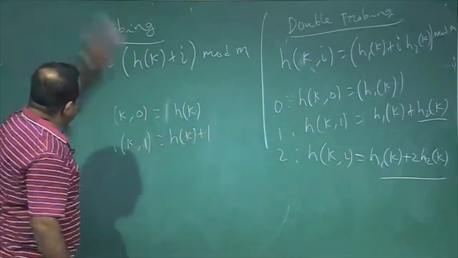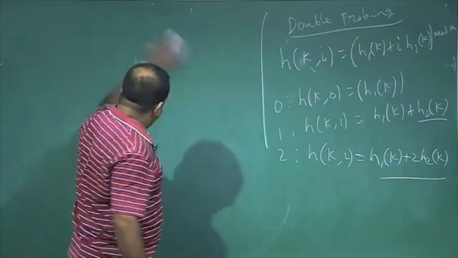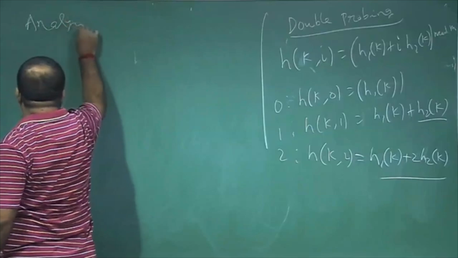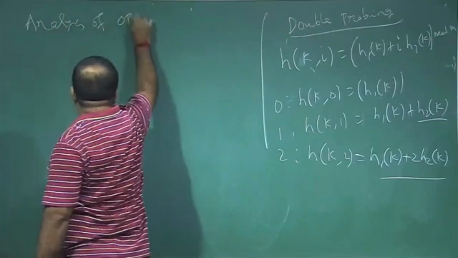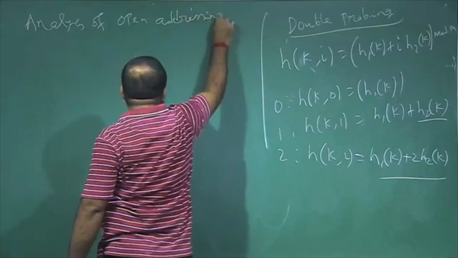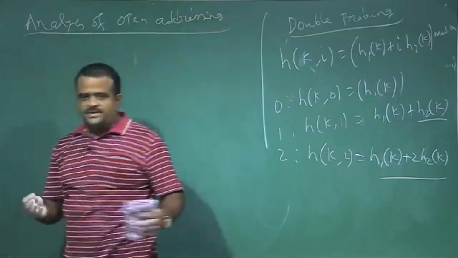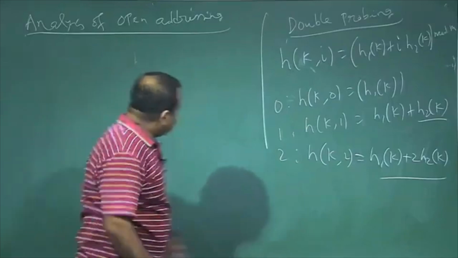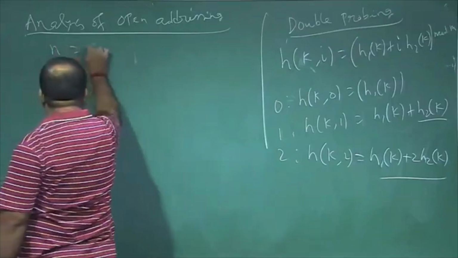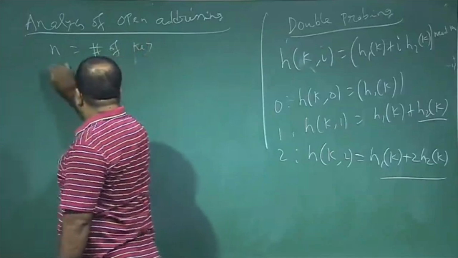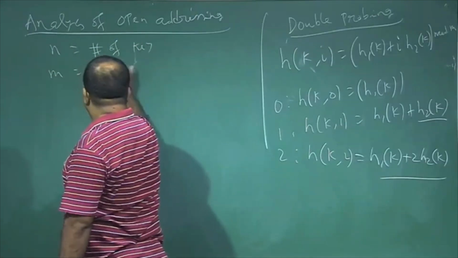So let us quickly analyze this open addressing. If we have an open addressing method to solve collisions, suppose there are n keys, where n is the number of keys and m is the number of slots.